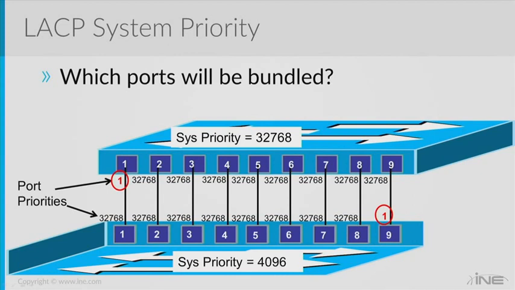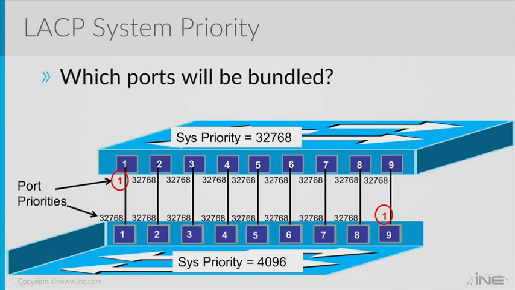The switch on the bottom thinks that his last port should be part of the ether channel. Now who's going to win? Well, it's going to be the switch that ends up becoming the LACP master, has the lowest priority here, that has the best number, which is the switch on the bottom. The switch on the bottom with a system priority of 4,096 is going to be our LACP master, and that's the one that's going to make all the decisions about which ports get bundled.